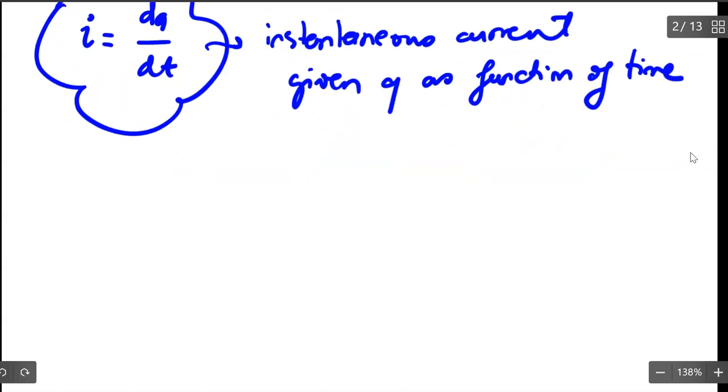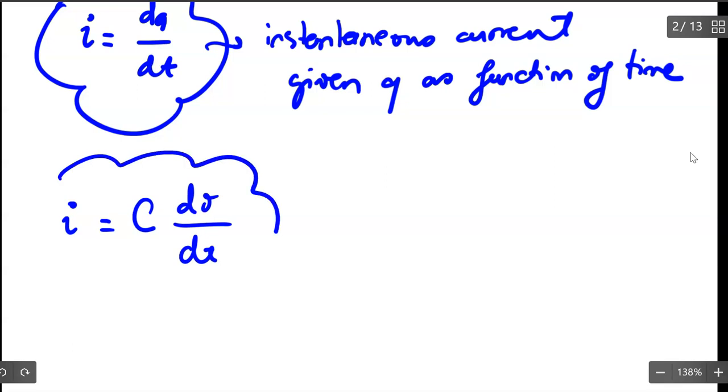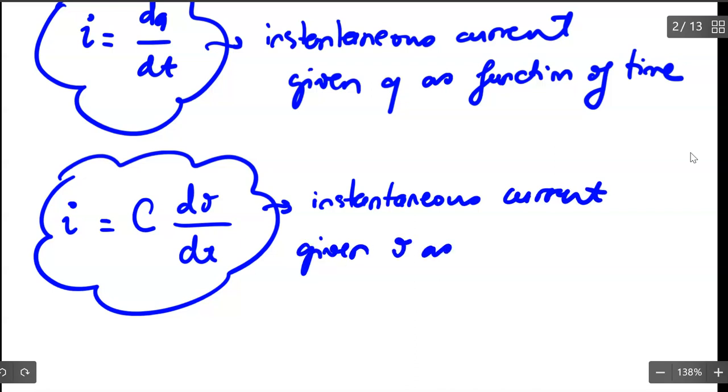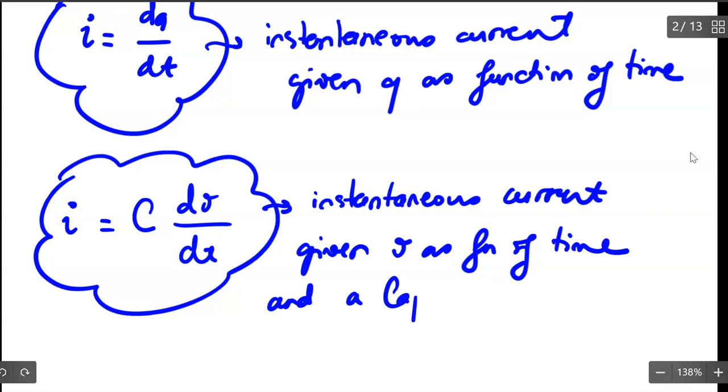Now the next one is I equal to C times the derivative of V with respect to t. So this one is also instantaneous current, given V as a function of time and a capacitor is present.